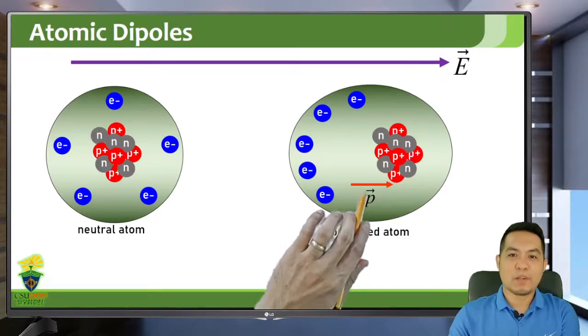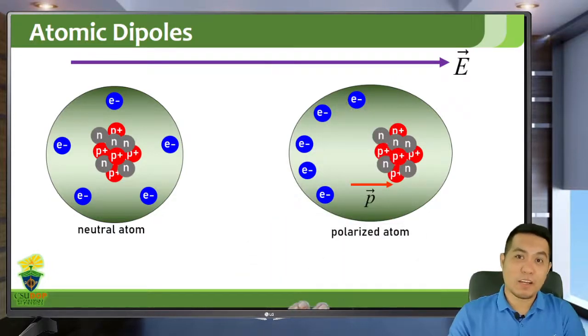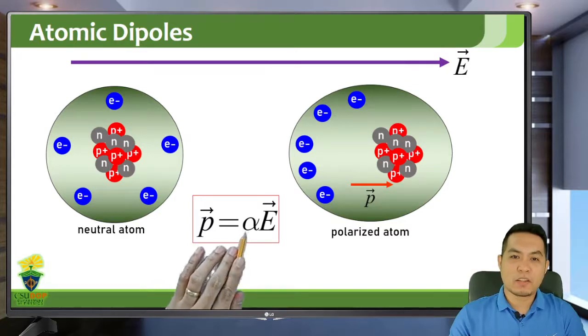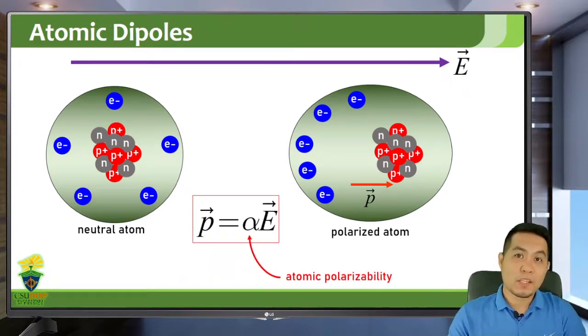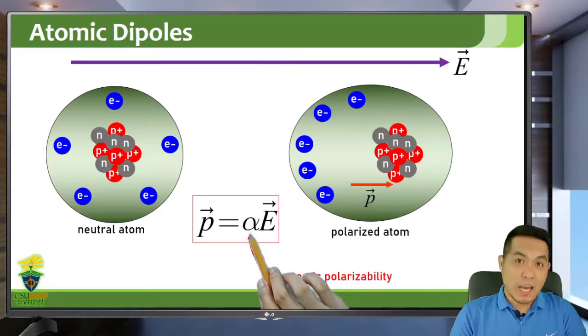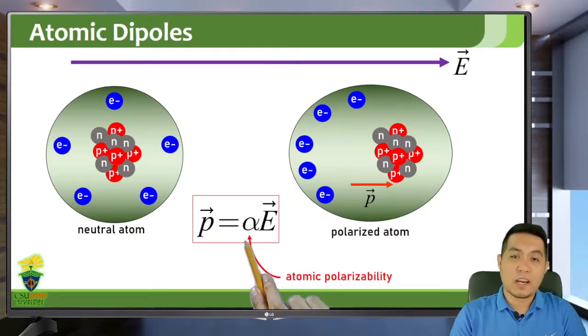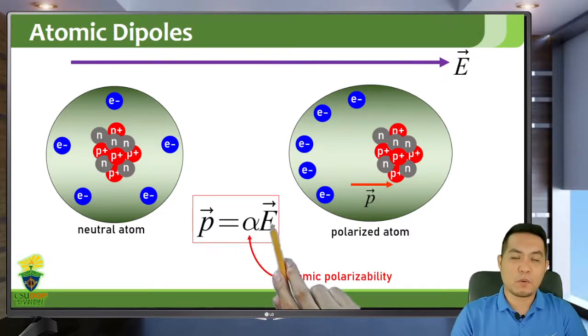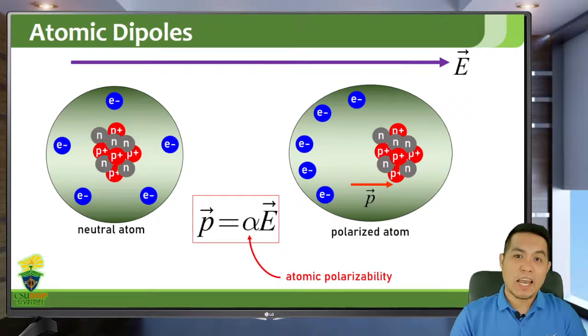And this atomic dipole is actually proportional to the external electric field by virtue of a proportionality constant called alpha, which is just the atomic polarizability of the atom. So an atom with a large alpha, or with a large atomic polarizability, is easily polarized. When you say it's easily polarized, the dipole moment is very large if you expose it to an external electric field.